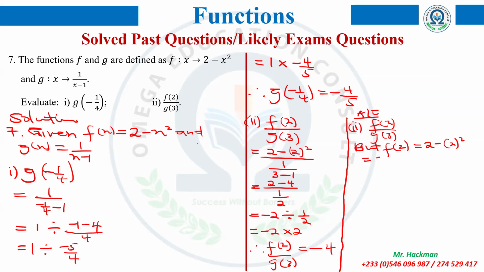So 2 minus what? 4. Which will give me minus 2. All correct. And you come and pick the denominator too. So g of 3 will mean wherever I see x in g of x, I put 3 there. So it's 1 over 3 minus 1. So that will give me 1 over what? Over 2. So I've simplified my numerator and denominator.